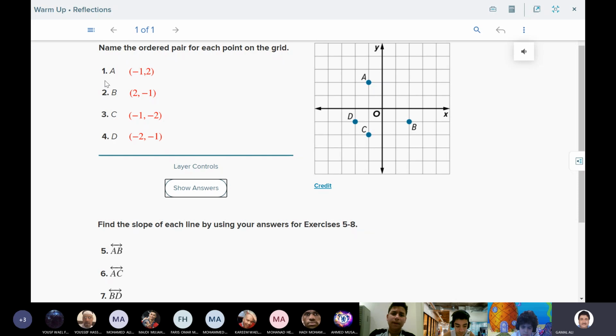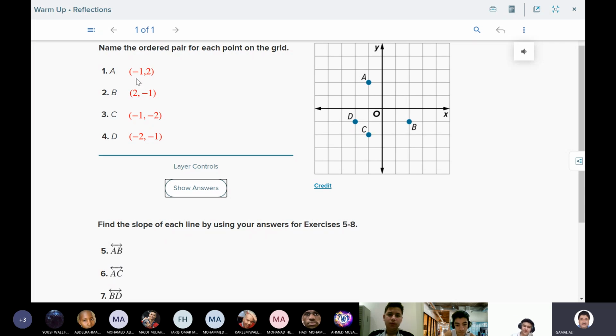What is the slope of AC? A and C. Yusuf Samaha, what is the slope of AC? 2 minus -2, please.